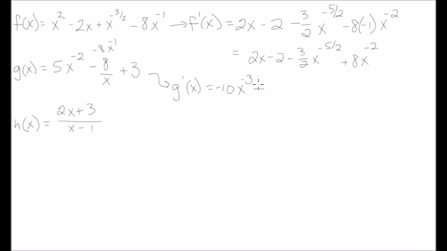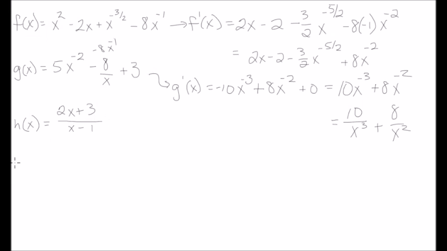I have plus 8x to the negative 2 for that term, and then plus 0 for the constant term, or just 10x to the negative 3 plus 8x to the negative 2. You could also write it 10 over x cubed plus 8 over x squared.